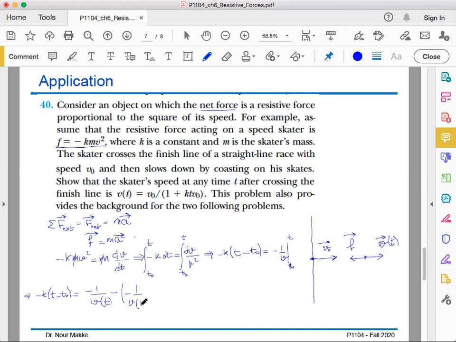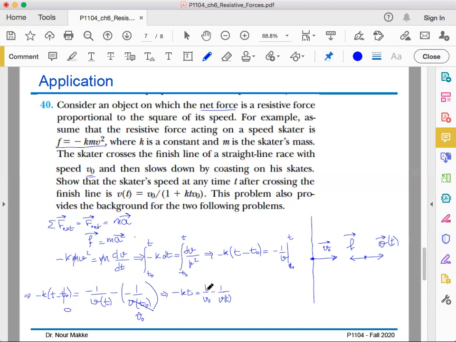Now, if we take t0 to be equal to 0, and v at the time t0 is nothing else than v0. It's called v0 because it's given here. It's the initial speed. Then we end up with minus kt is equal to 1 over v0 minus 1 over v, where v is the instantaneous speed, v at a given time t, right?